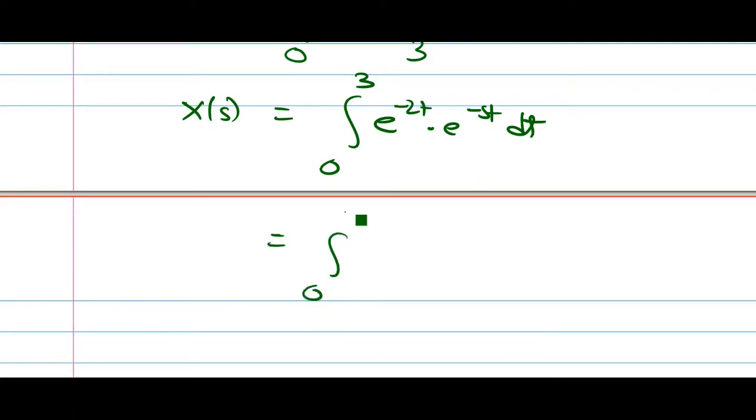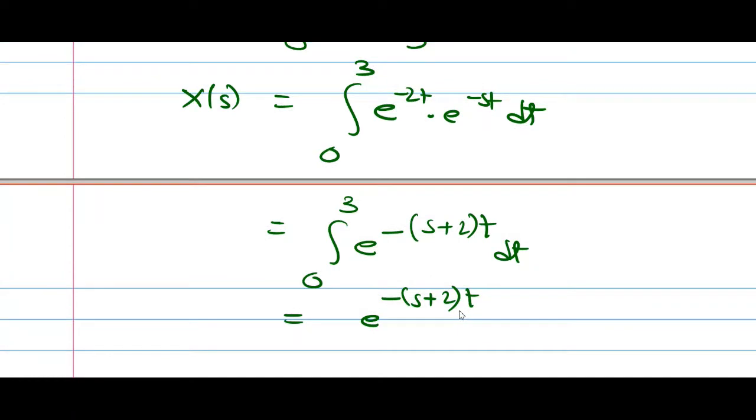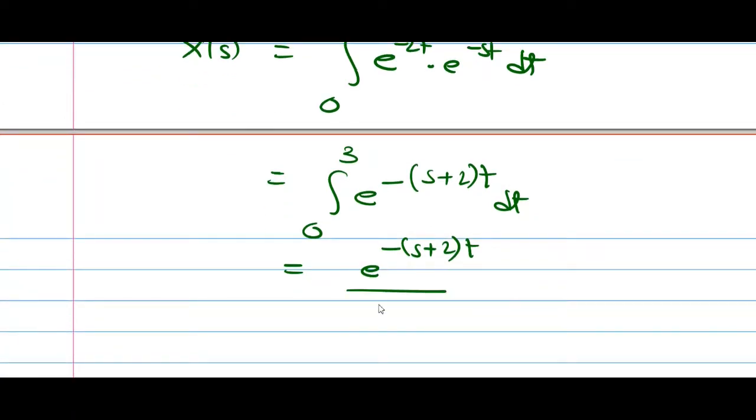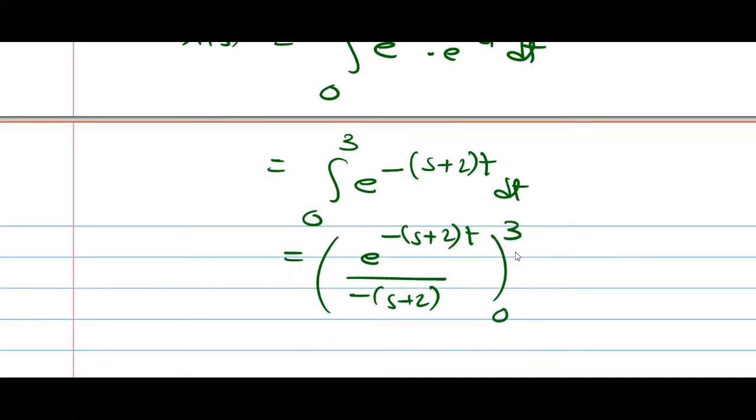So integration 0 to 3 e raised to power minus, I will take common, s plus 2 times t dt. So this is nothing but e raised to power minus of s plus 2 times t divided by minus of s plus 2. Limits are 0 to 3. Then put upper limit.